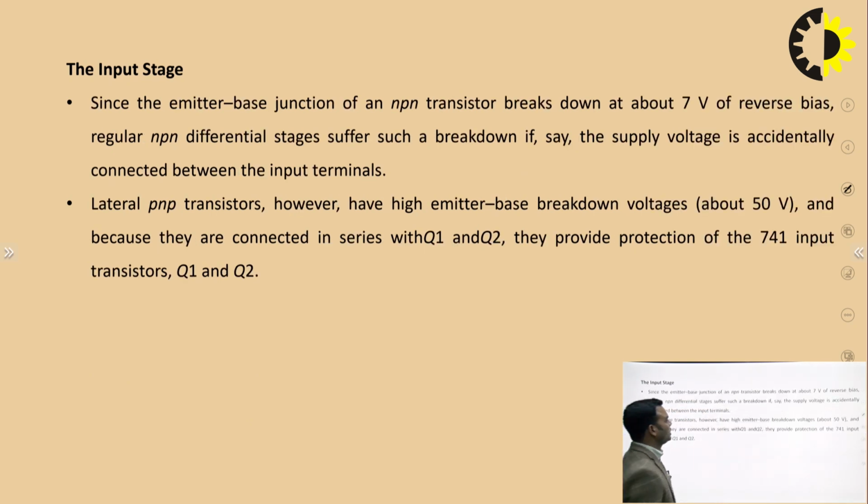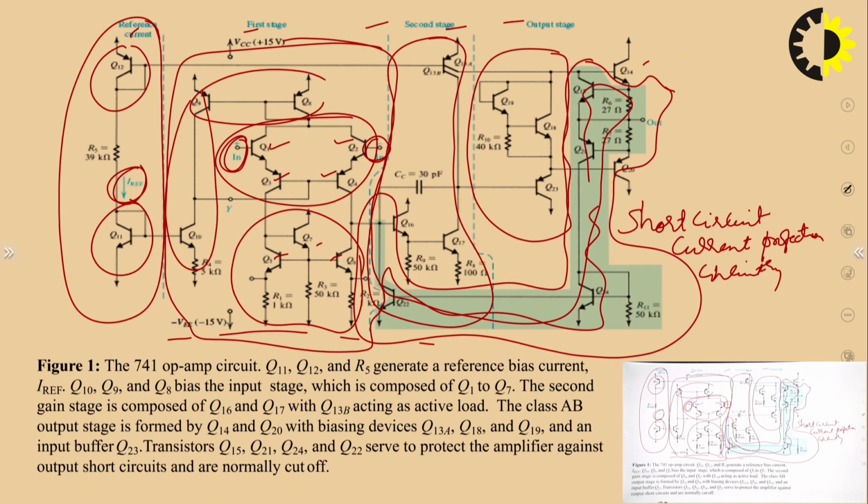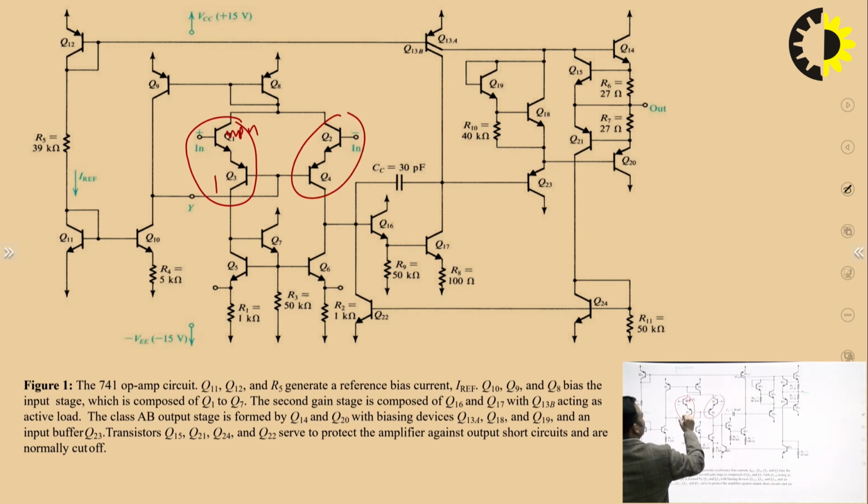So, this is the detail of the input stage, and you can see a few things in this circuit, like this is an NPN transistor and this is a PNP transistor. So, we are using these two transistors in series.